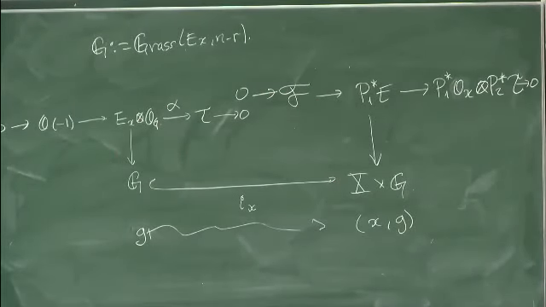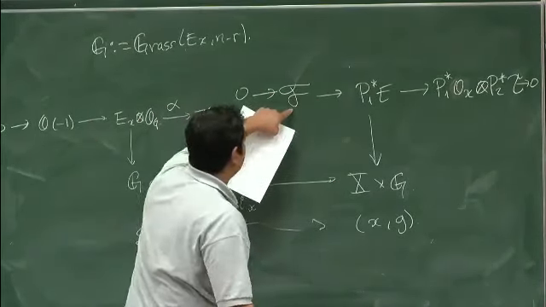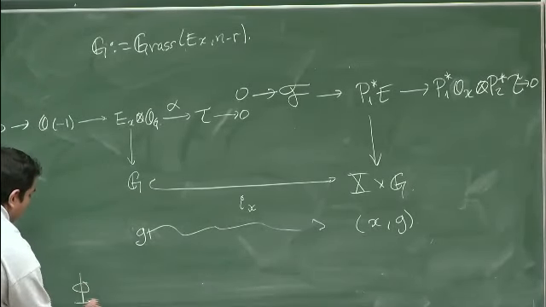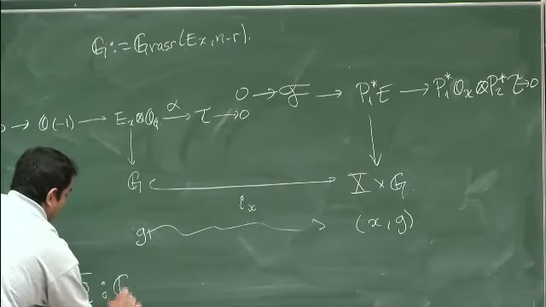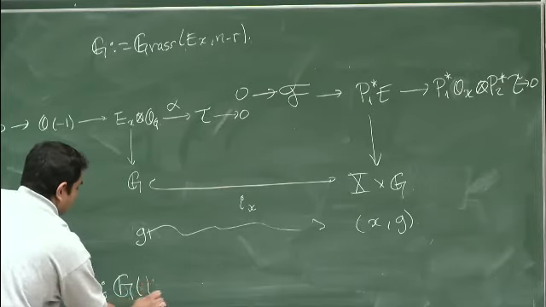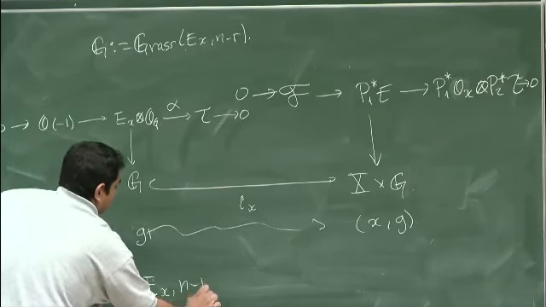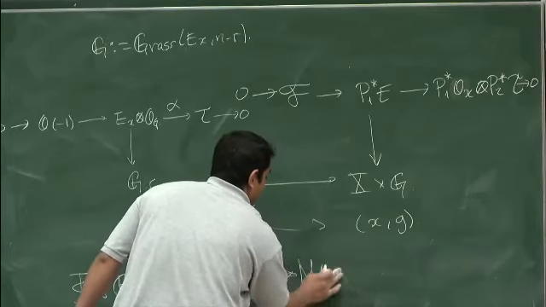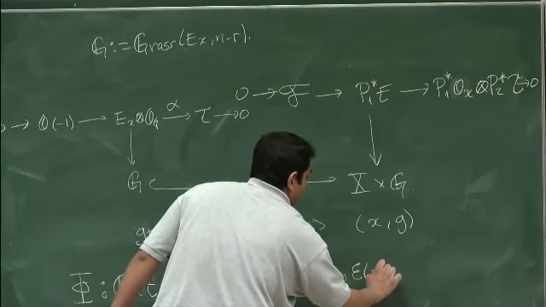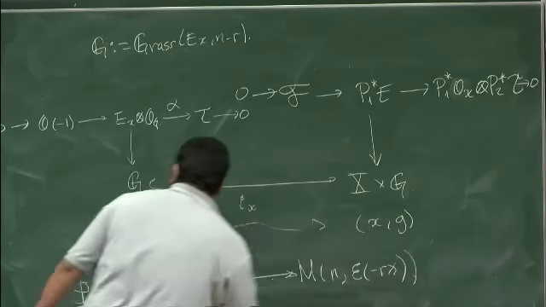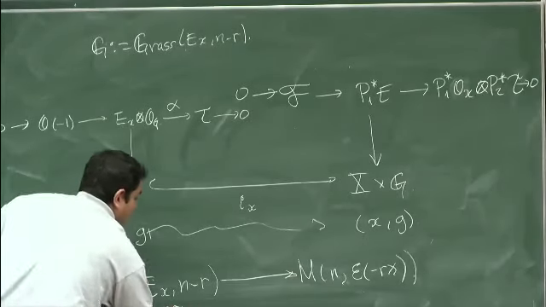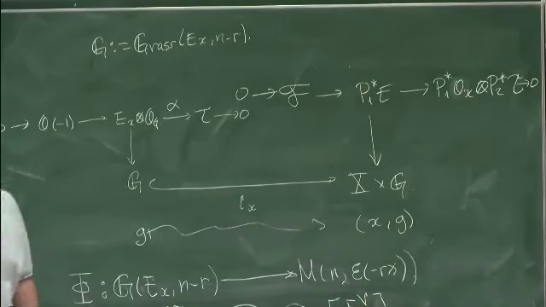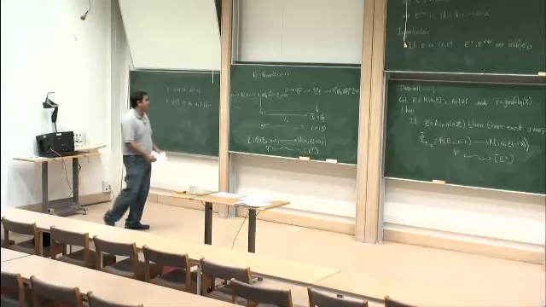here, and this family of vector bundles gives me the classification morphism to the moduli space, where for every subspace I have the modification here.